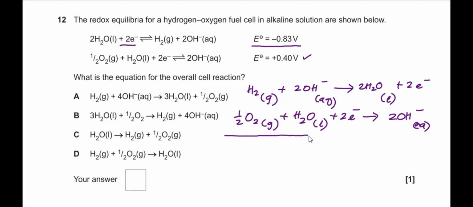Now add the left hand side of both the equations and add the right hand side of both the equations and put them in one equation.